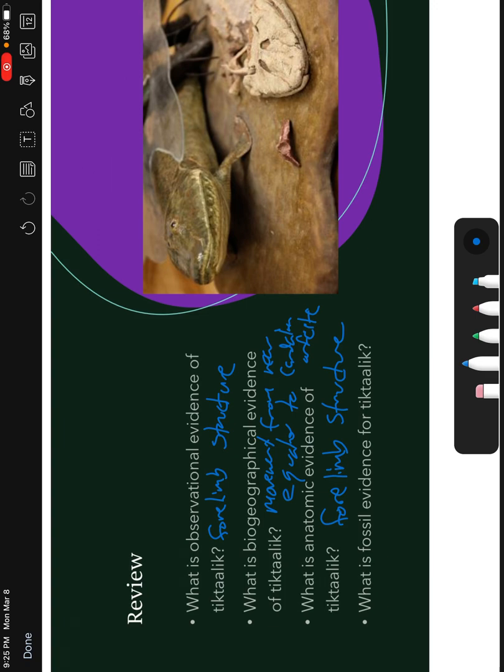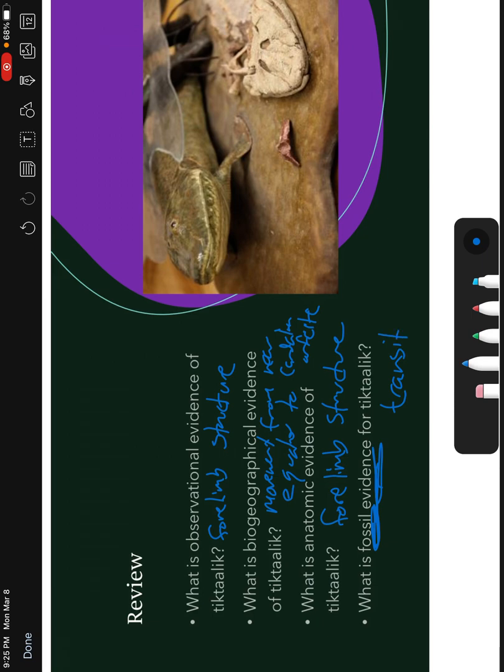That forelimb structure is a homologous trait, believe it or not, because if you remember in the video, he had a very similar structure to that of kind of like the whale, essentially. Okay, and then finally, fossil evidence for Tiktaalik.